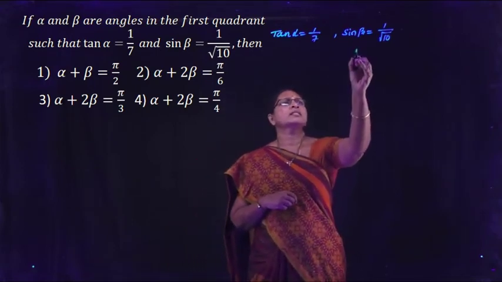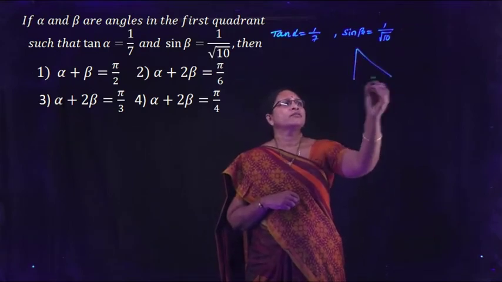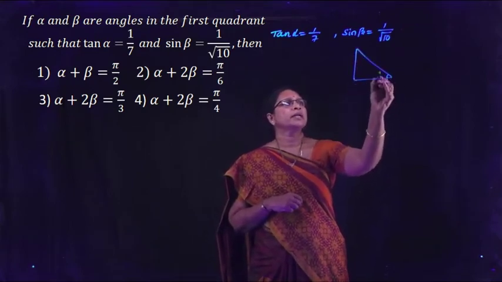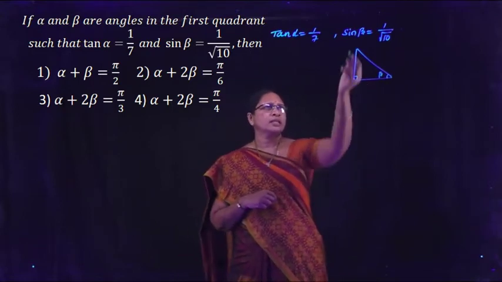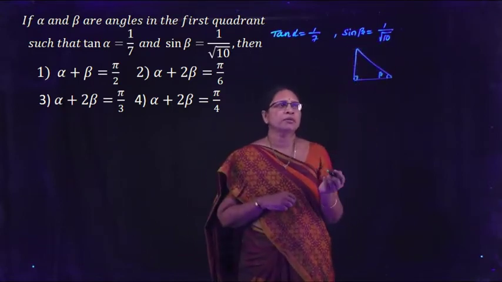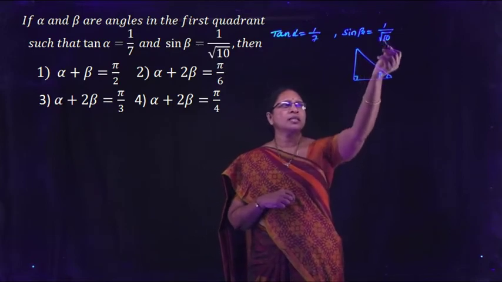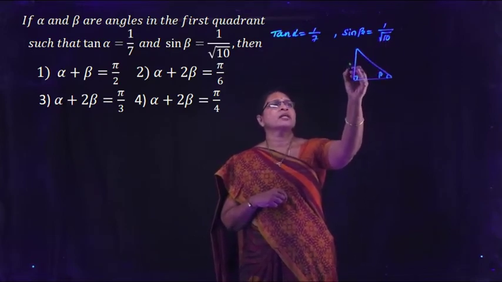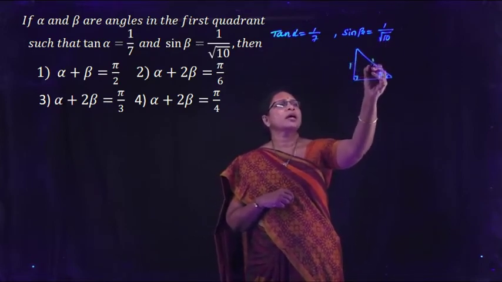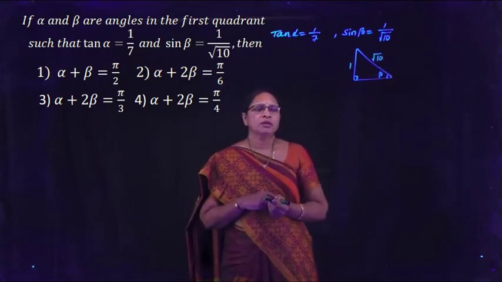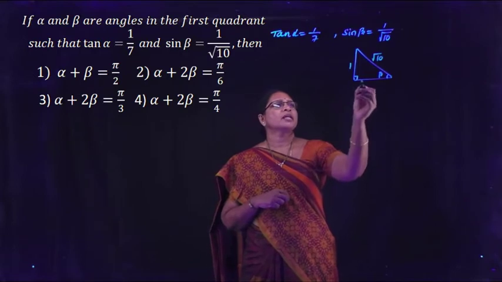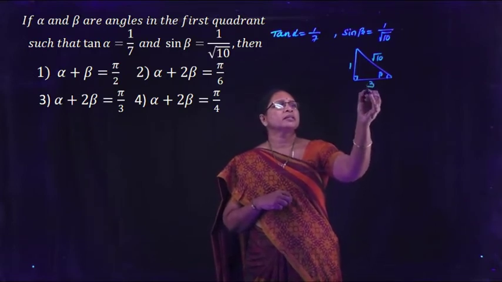Let us consider a triangle with an angle beta. This is a right angled triangle. Here sin beta is equal to 1 by root 10, that is opposite side by hypotenuse. Here opposite side is 1, hypotenuse is root 10. From Pythagoras rule, we can find the adjacent side is 3.